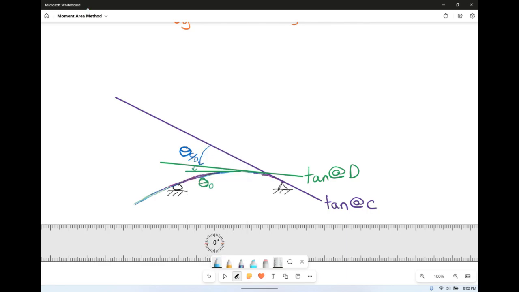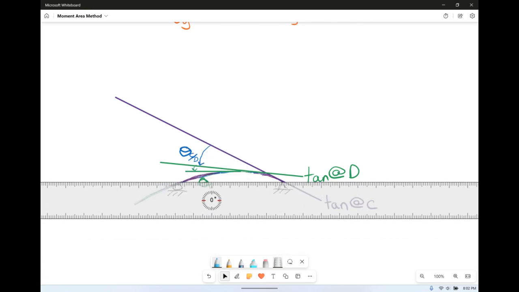We need a little bit more information in order to finish figuring out what we have here.